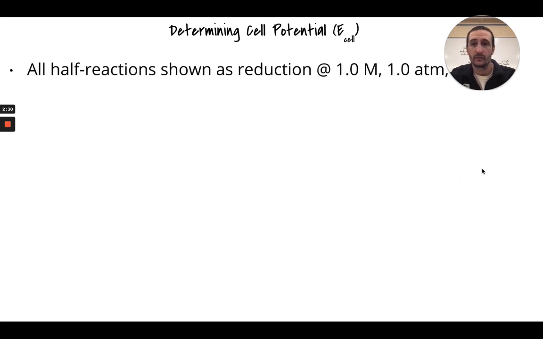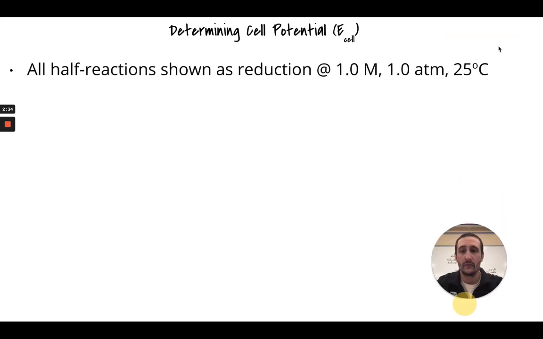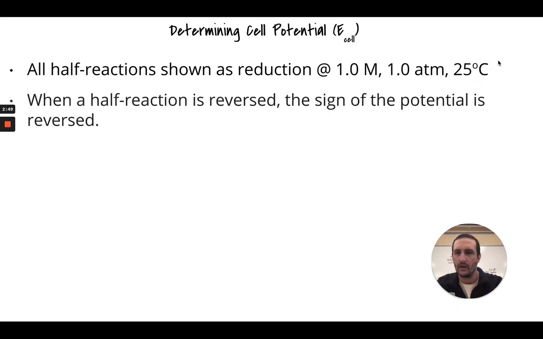So all half reactions are shown as reduction, and they're standardized, so that's why they're called standard reduction potentials, at 1 molar, 1 atmosphere, and 25 degrees Celsius. When a half reaction is reversed, then the sign of the potential is also reversed.